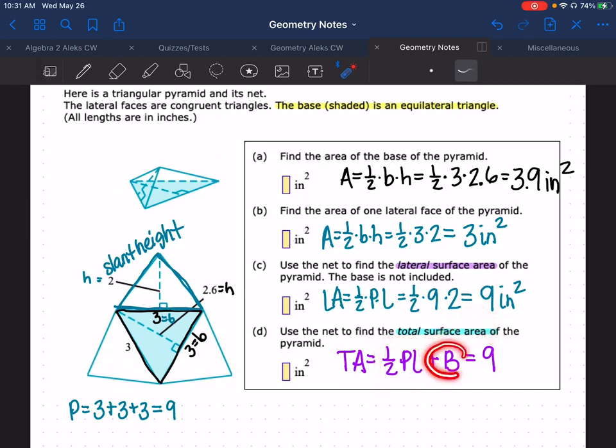And look at this, you already have the area of the base. It's right there, which equals 12.9 inches squared. Hope that helps, guys.